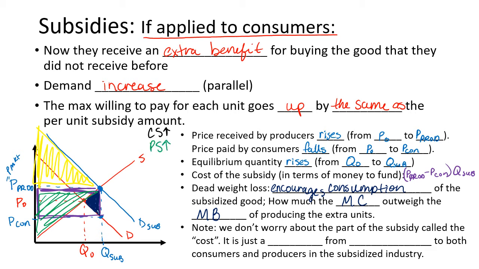So if both of those are going up, that means together total surplus must be rising. So people in this market are really happy. However, we have a deadweight loss. And because there's a deadweight loss, that means there is a loss to society. So there is some type of welfare loss. So society is worse off.